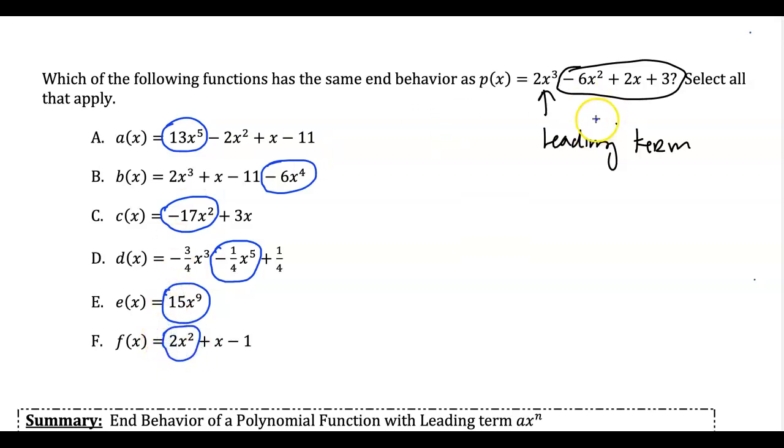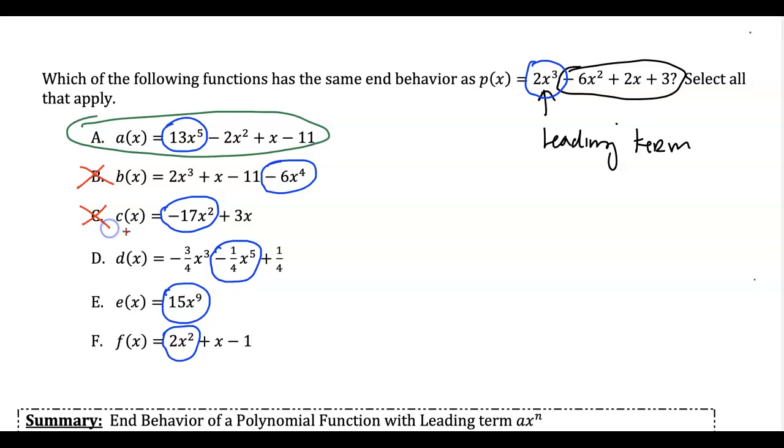So we want to match this term in terms of its positive coefficient and odd power. So which one has a positive coefficient and odd power? Well, A does. That will have the same end behavior. B will not, so B is no. C is even.